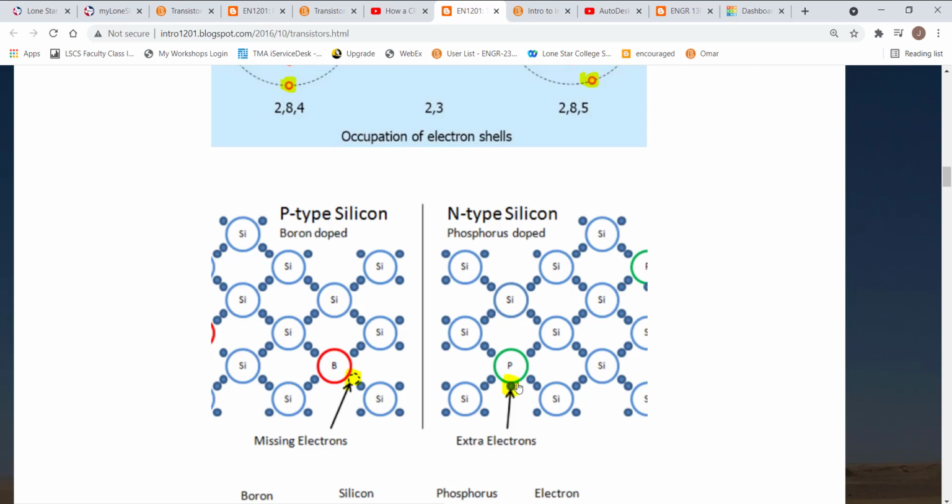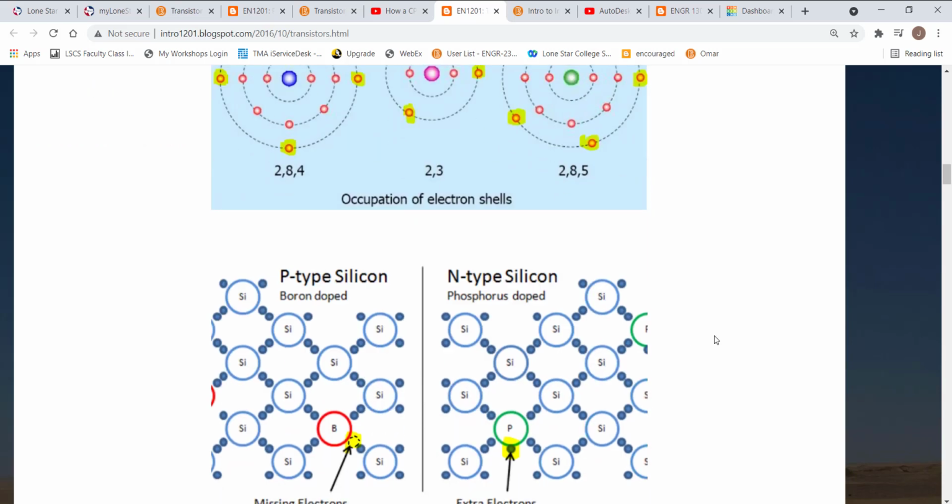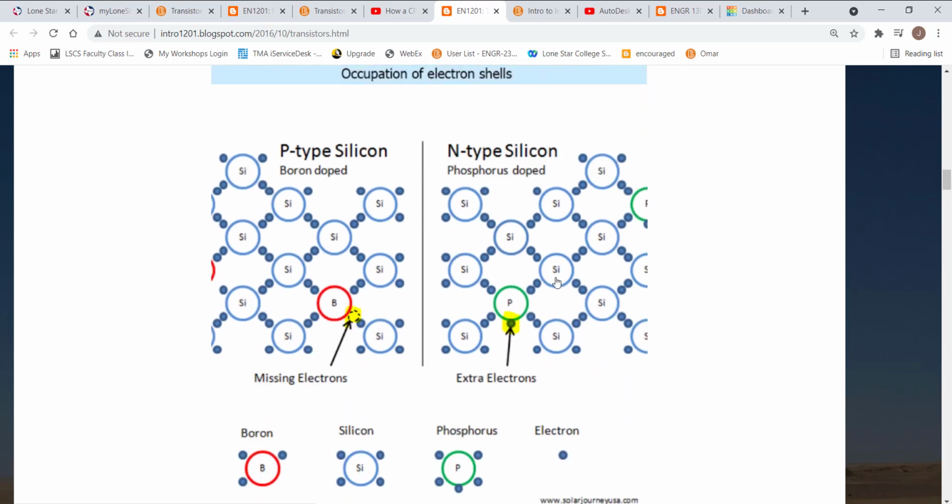Okay, on the other side, this is another guest molecule. So phosphorus has 5 valence electrons. Same thing. If you look at the protons and electrons and balancing charges for this guy, this is what is going to balance all of its charges. Now, if you put a phosphorus atom in silicon, you get kind of the opposite effect.